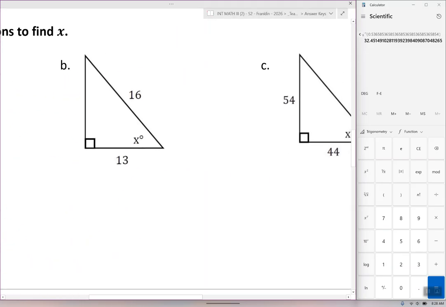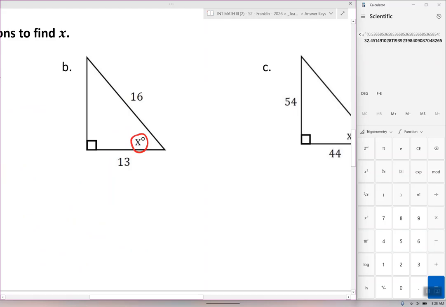For example B, here's my reference angle. I don't know it. I have the hypotenuse here, and I have my adjacent side is 13. So I'm going to use my cosine function. And I know that the cosine of x is equal to 13 over 16, adjacent over hypotenuse.